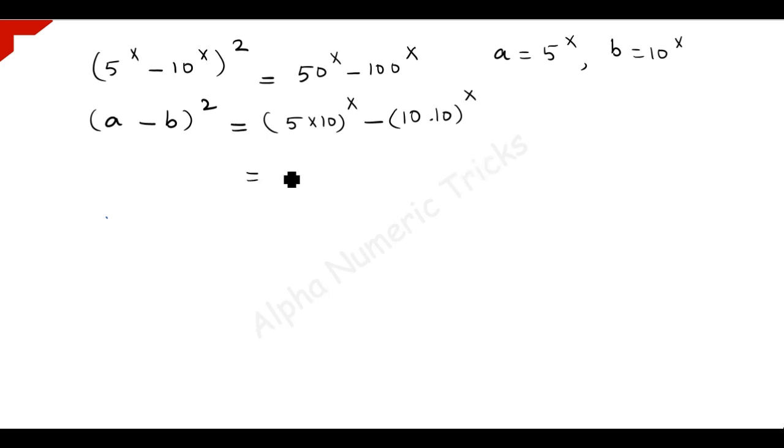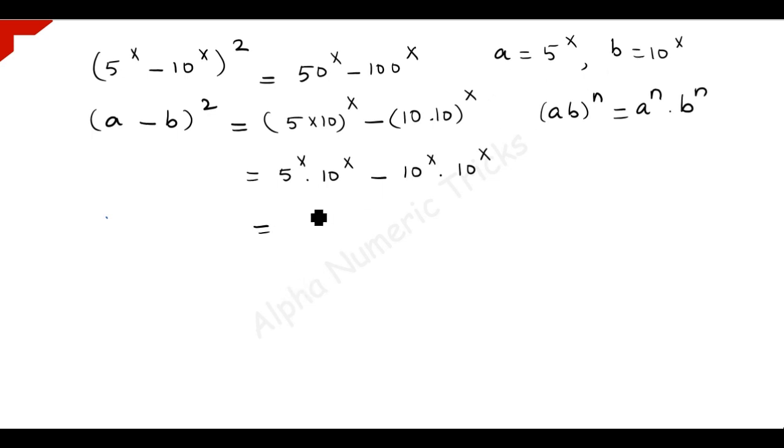Or you have 5^x times 10^x minus 10^x times 10^x, using the formula (ab)^n can be written as a^n times b^n. And again we use this substitution here: a times b minus b times b. So here, left hand side (a − b) the whole square.